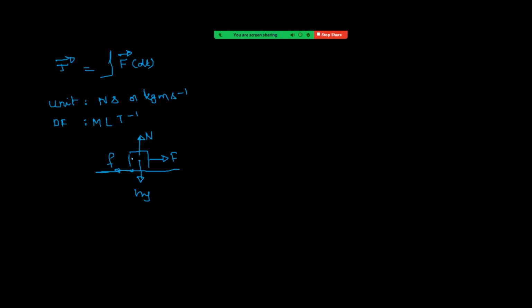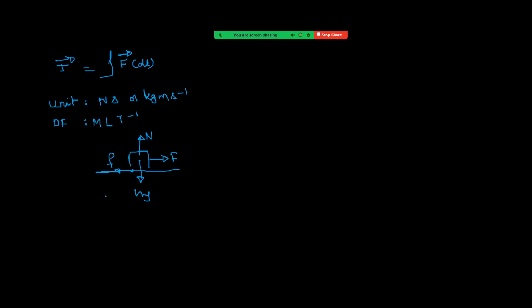So now there are many forces acting on the body. Now impulse due to applied force, or impulse due to normal reaction, or impulse due to gravitational force, or impulse due to friction. Like this, we have to mention by which force we want to calculate impulse.